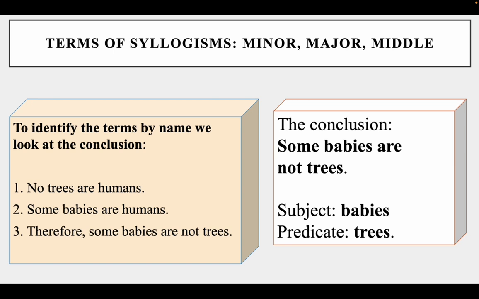To identify the terms, we look at the conclusion. The conclusion is some babies are not trees. Now, the subject term is babies, and the predicate term is trees.